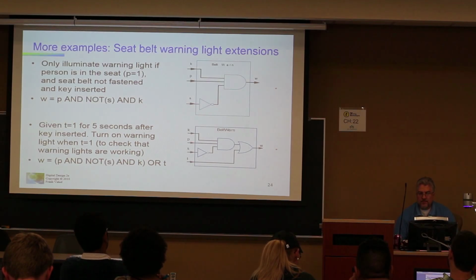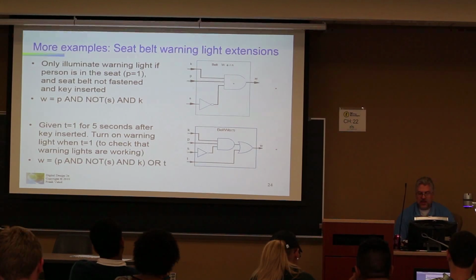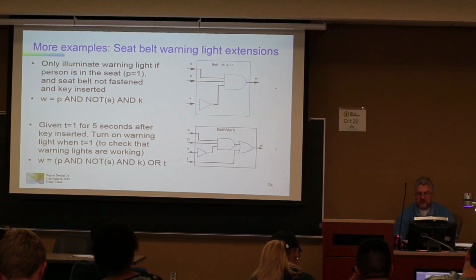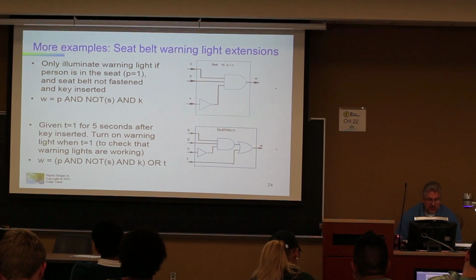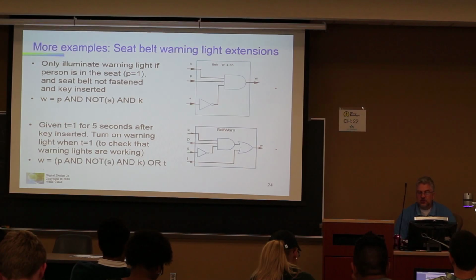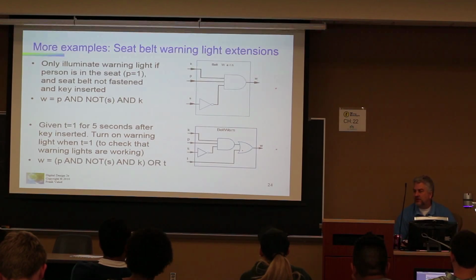So what it's doing is, when this is 1, T is going to be 1 for 5 seconds. Oh, so what it's going to do is just say, fasten the seat belt for the first 5 seconds, whether or not you have it belted up, so it's a little bit different, right?